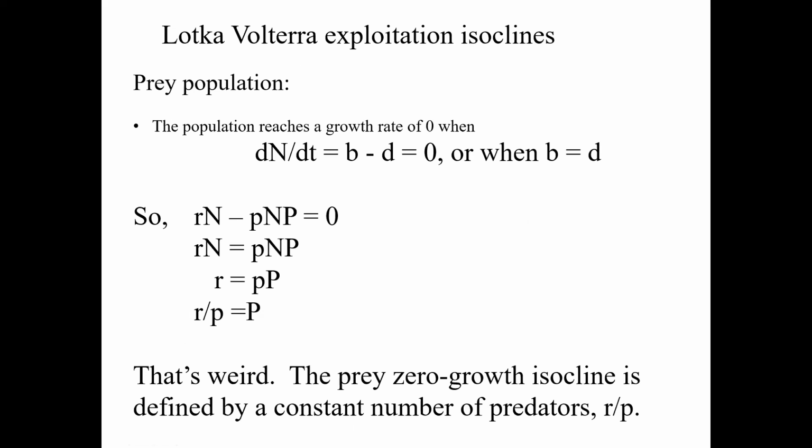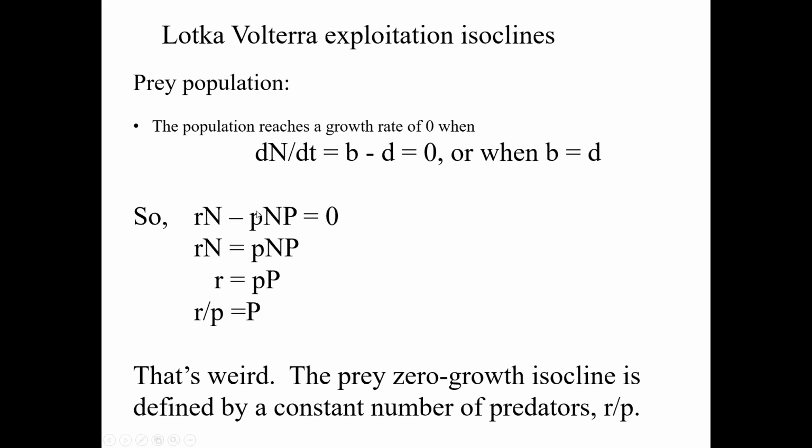So remember, we want to set dN/dt to 0, which is the point at which the number of predators and the number of prey forces the growth rate to go to 0. So if we set it to 0, then births will exactly equal deaths. So dN/dt equals this, and I wrote it backwards because I like the consistency here.